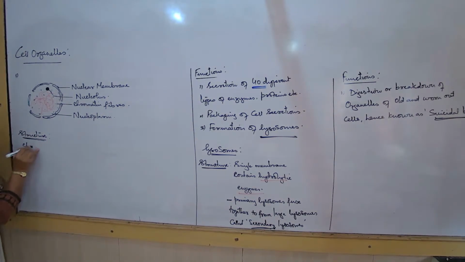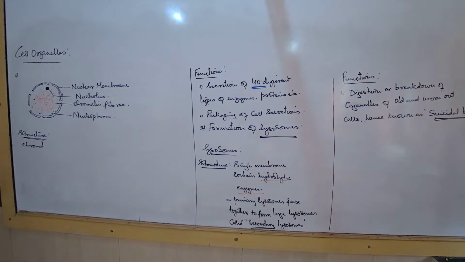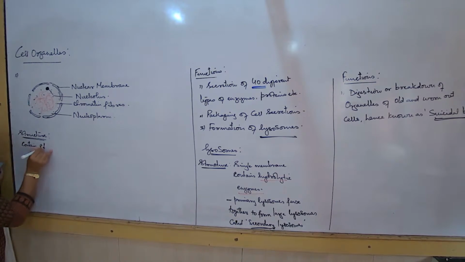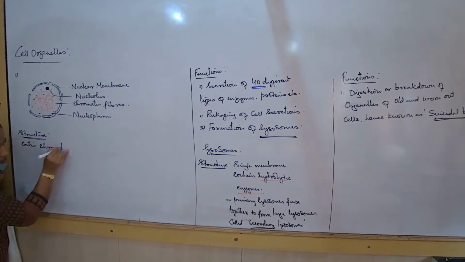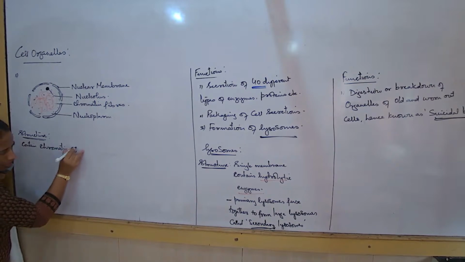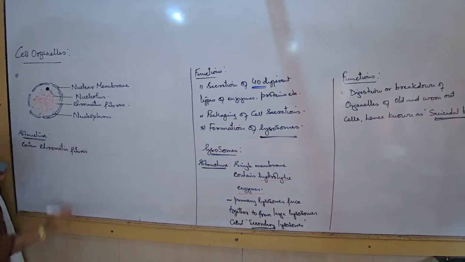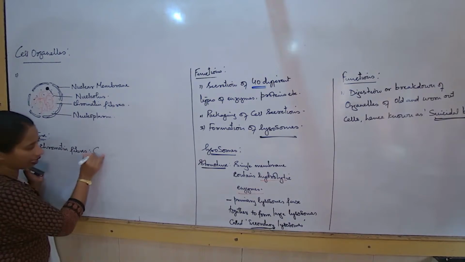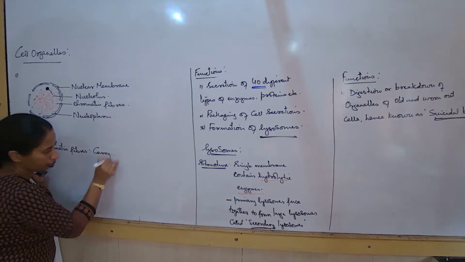For the structure, we majorly talk about the chromatin fibers. What does the nucleus contain? It contains thin thread-like structures known as the chromatin fibers. These chromatin fibers carry hereditary information.